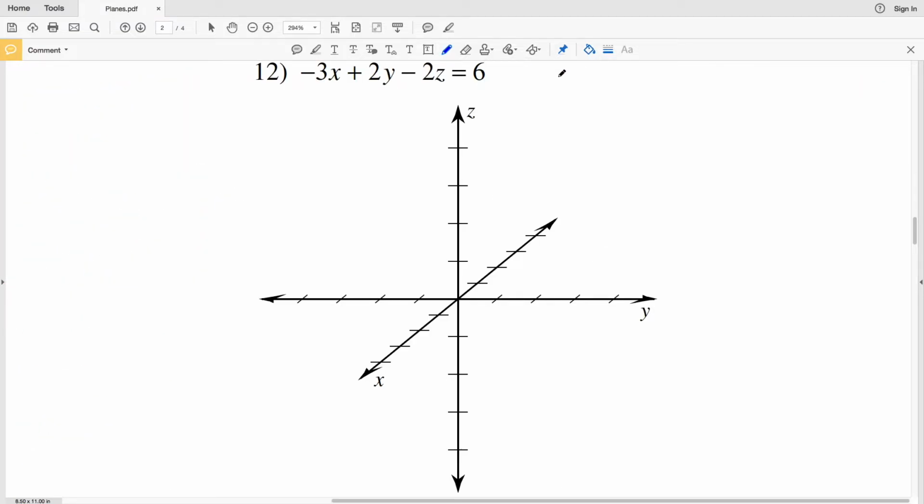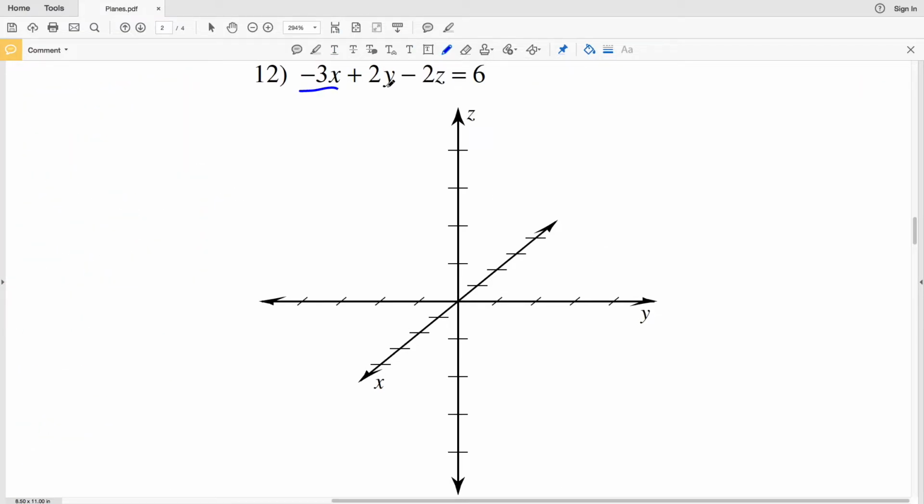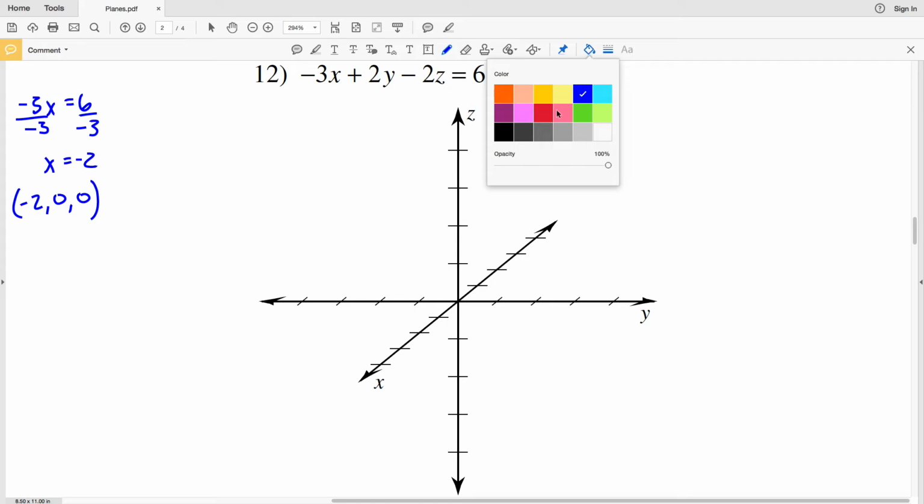Let's start by finding that x-intercept that occurs when negative 3x equals 6, because y and z are 0. So negative 3x equals 6. I'll divide both sides by negative 3 to get that x is equal to a negative 2. So I'm going to plot negative 2, 0, 0, my x-intercept, which is 2 back.